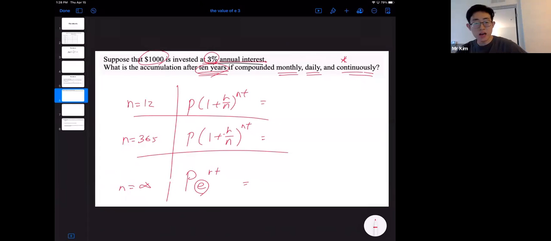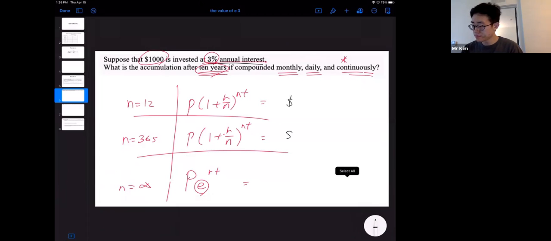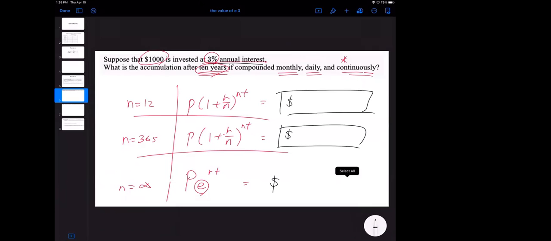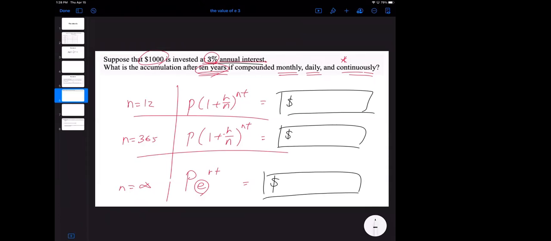If that's the case, can I have a volunteer from any one of you for the answers that we have for n equal to 12, 365, and infinity? I think I have it. Yes, please share. For monthly, I got 1,349.35.